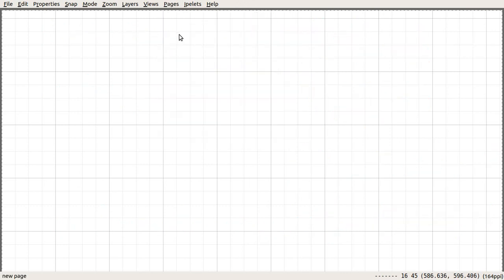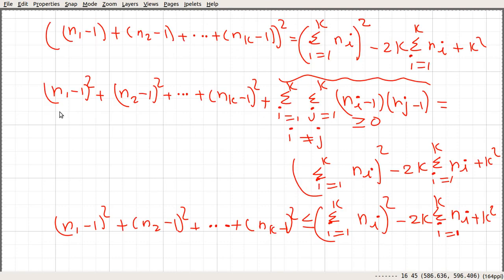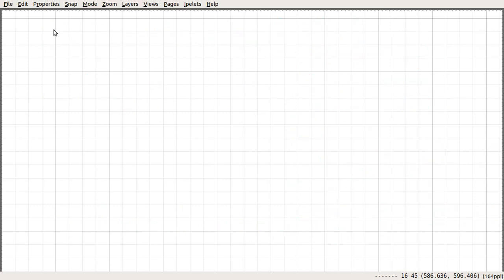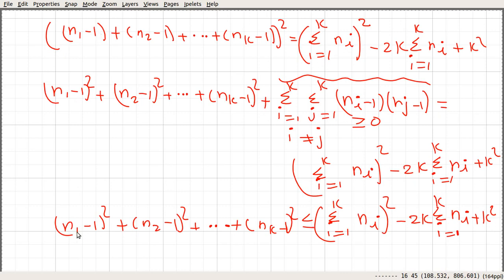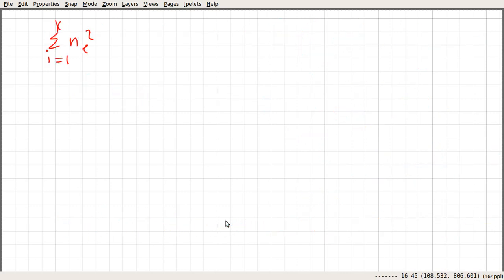Okay, and next what I am going to do is I am going to square this thing. So I will get something like n1 squared plus 2n1 plus 1 plus n2 squared plus 2n2 plus 1, etc. So if I do that, I get the sum from i equal to 1 to k of ni squared, which comes from n1 up to nk.